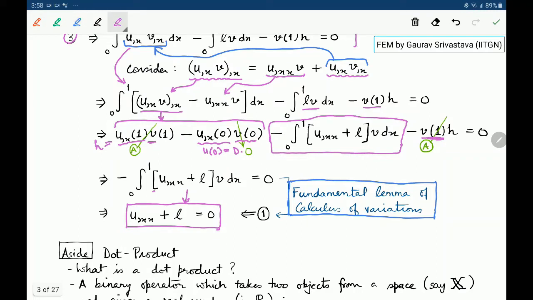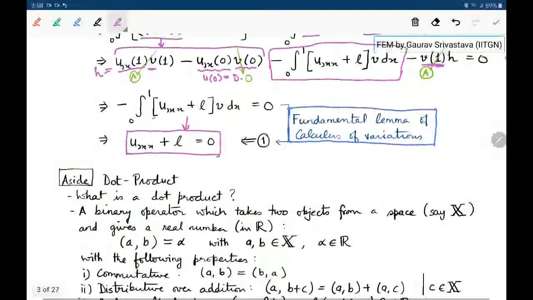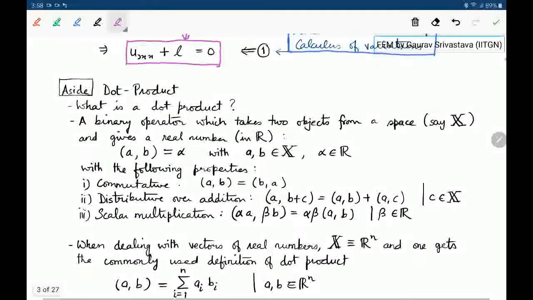Now to dwell more into the fundamental lemma of calculus of variations, first let us consider what is a dot product. You may recall doing dot products of vectors.